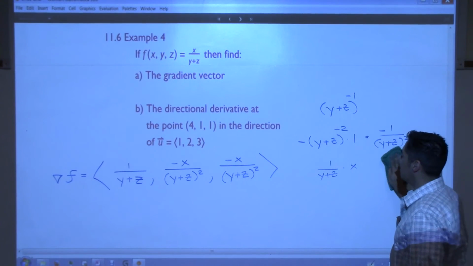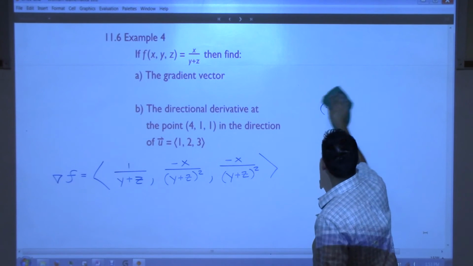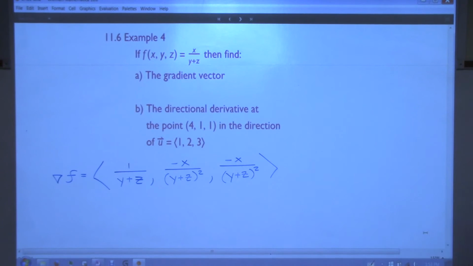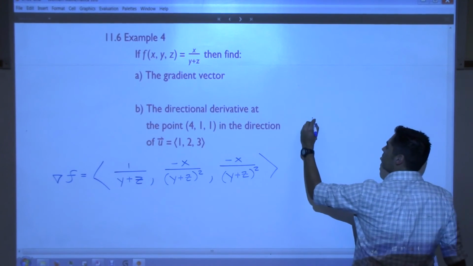Now what we need is the directional derivative at the point 4, 1, 1 in the direction of u. Did anyone get that part yet? So what did you do? You looked at u and had to make sure it was a unit vector, which it wasn't.